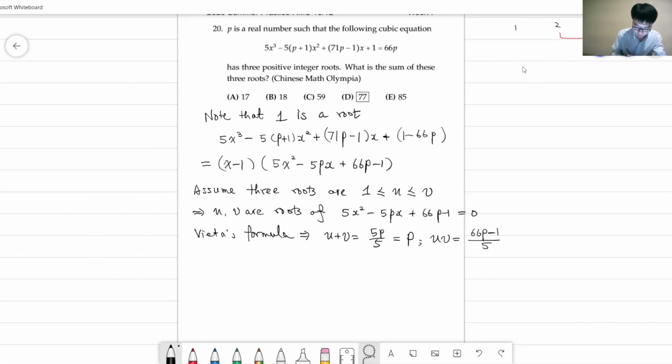For example, 5uv is 66p minus 1, and p equals u plus v. So this is 66(u plus v) minus 1. So from here, we can use one root to express the other root. So we use u to express v. So v equals (66u minus 1) divided by (5u minus 66).